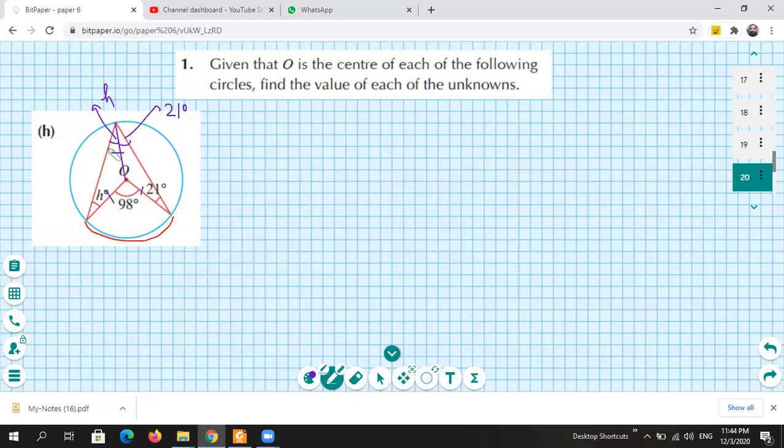So the total angle will be h plus 21, and it is actually formed by this arc. So it means the 98 angle should be 2 times the angle at the circumference, which is h plus 21.